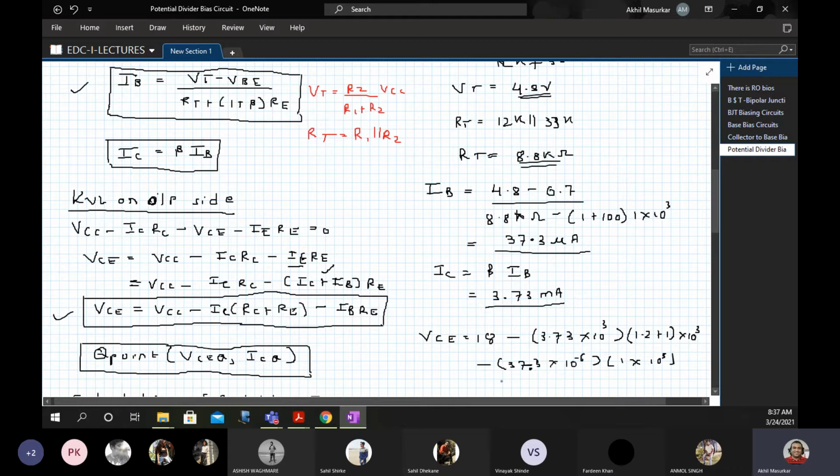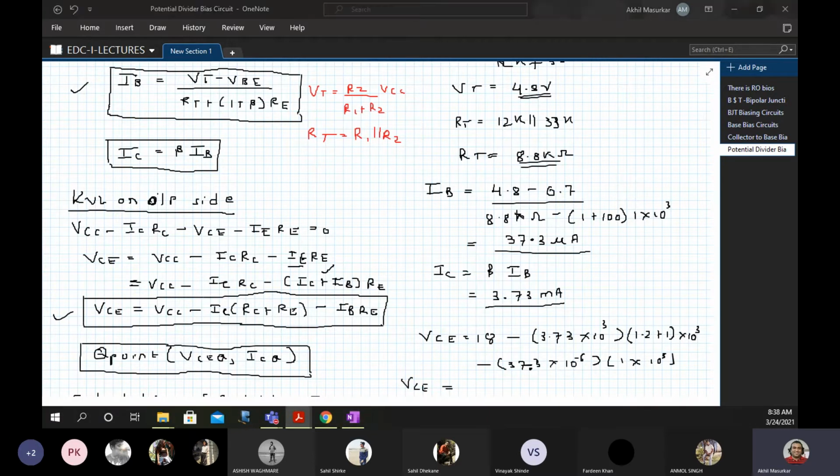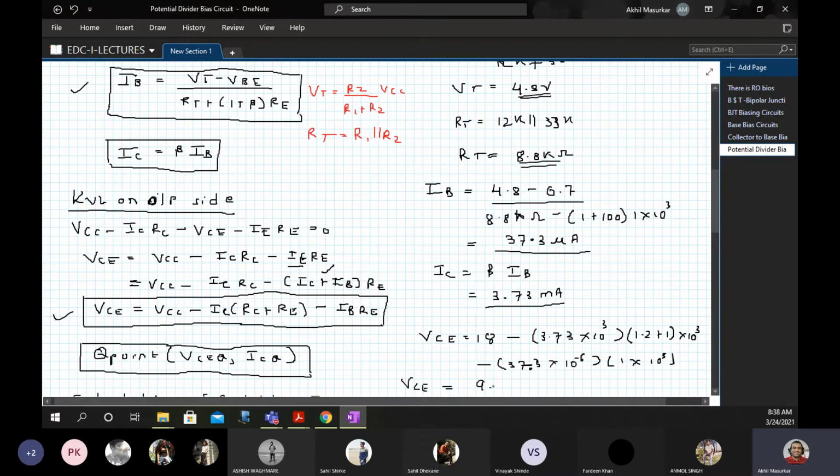Here we have 10 raised to minus 6. So VCE is equal to 9.756 volts.